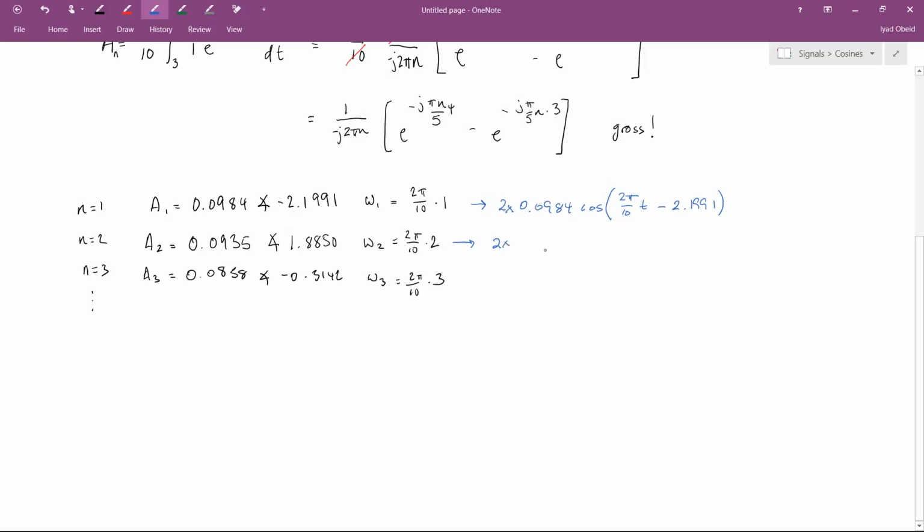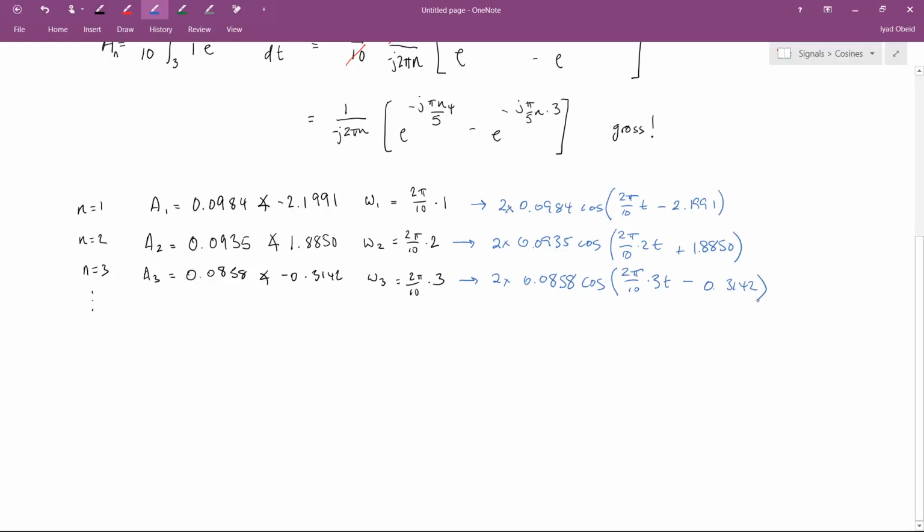This is going to give me 2 times 0.0935 cosine of 2 pi over 10 times 2t plus 1.8850. And finally, we're going to have 2 times 0.0858 cosine of 2 pi over 10 times 3t minus 0.3142.